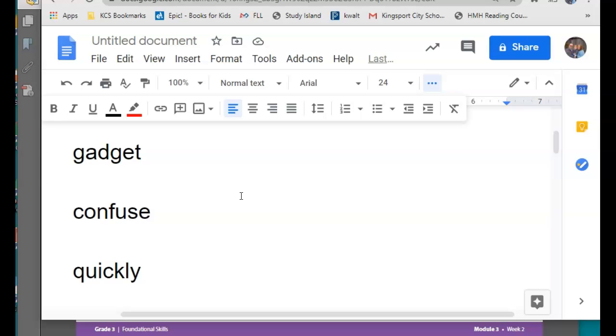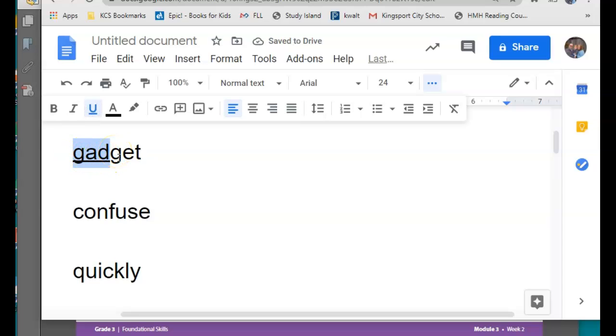I want you to try this on your own with our next word. Begin sounding that out on your own and breaking that apart into two smaller pieces. Okay, go ahead and share with me. How did you break apart this word? Okay, I agree with you. The first thing that I thought of was G-A-D, and I knew that said gad, gad.